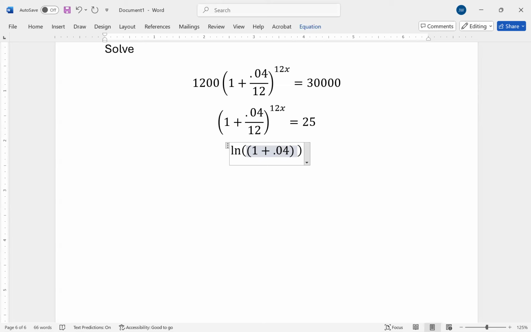That is important. I'm going to get the natural log of that base raised to the 12x power. The 12x power is inside the natural log. And then on the other side, I get the natural log of 25.